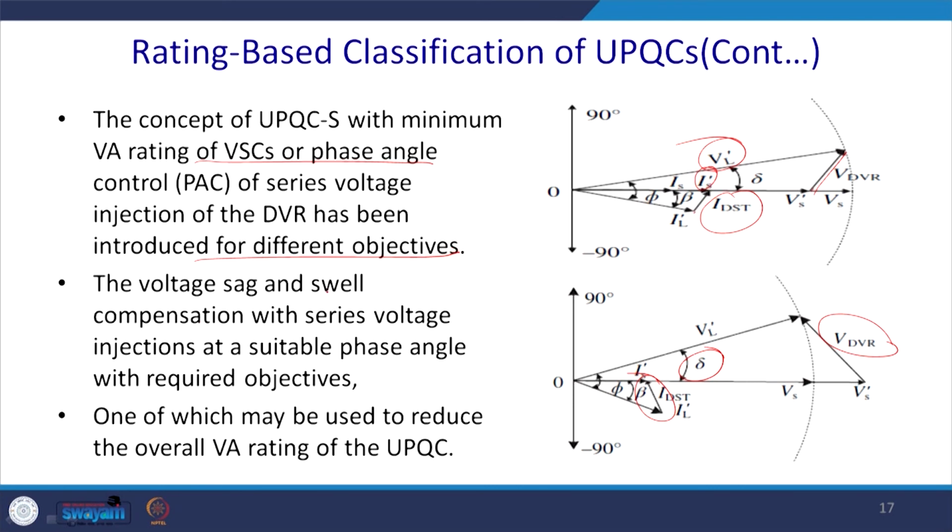The voltage sag and voltage swell compensation with series voltage injection at a suitable phase angle with the required objective has been fulfilled or can be achieved. That is what has been shown here. One of which may be used to reduce the overall VA rating of the UPQC.